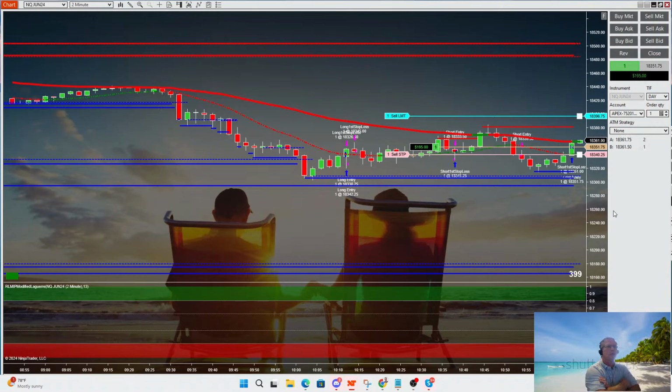I was in the short move that got stopped out, and it immediately jumped into the long trade. Big shift of momentum, but it puts me on a losing trade.